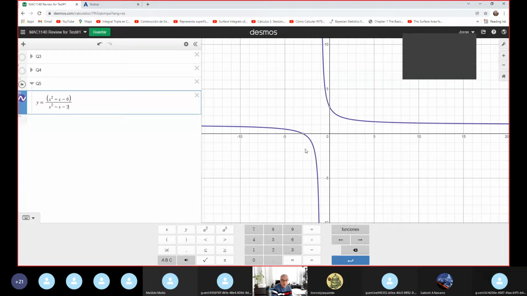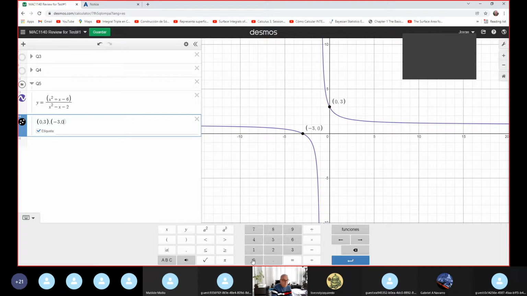Okay, this is my original graph. Look at that. This is the y-intercept, 0,3. Nice. One more: negative 3,0. Excellent.